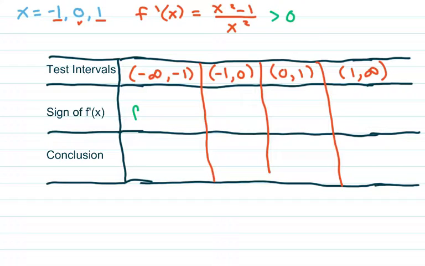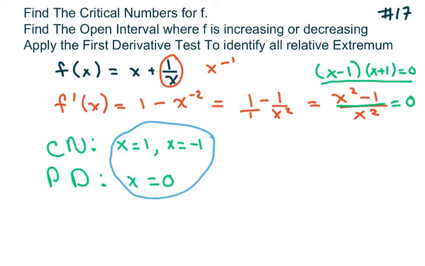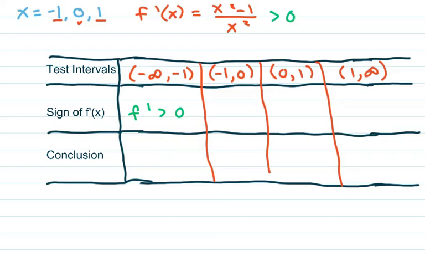So the sign here is going to be positive. Same thing here. If I put in, say, 2 for x, you'd have 2 squared minus 1 over 2 squared. That's positive.